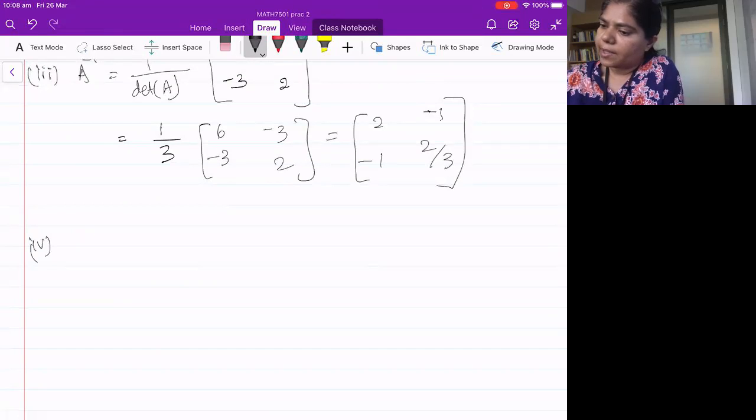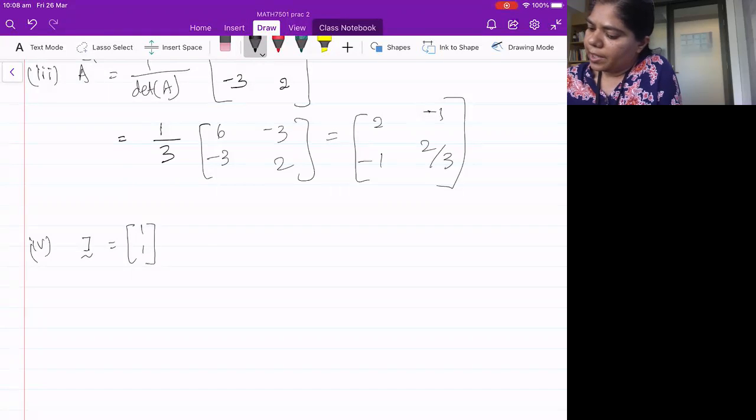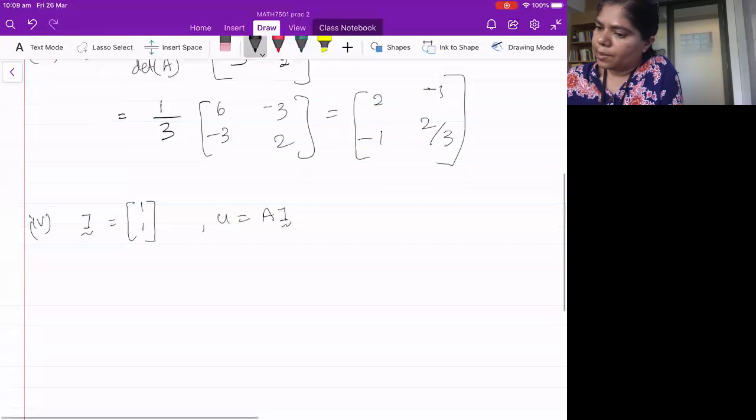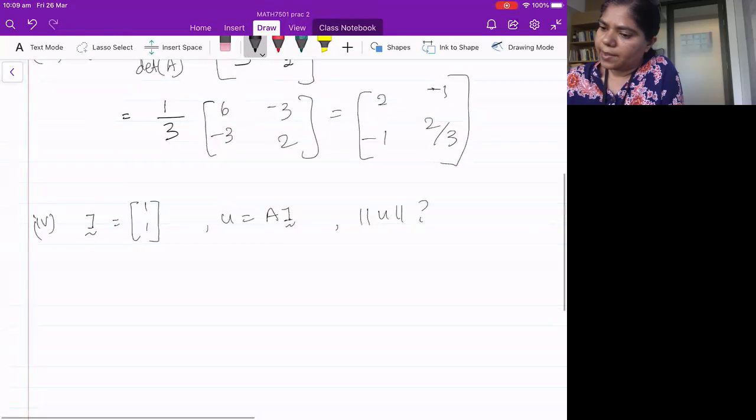Consider the column vector 1, which has entries 1, 1. Denote U as A times 1. Determine the norm of U. That's what you need to do.